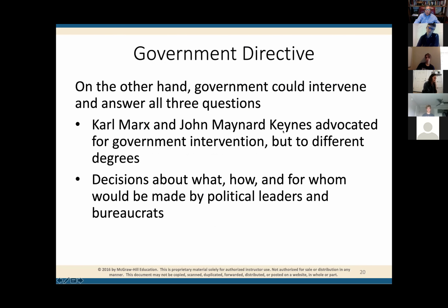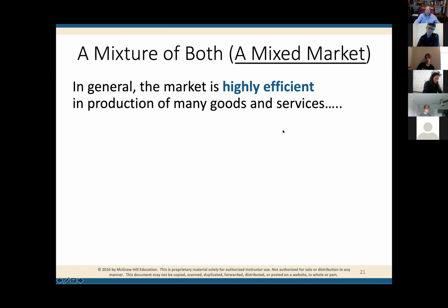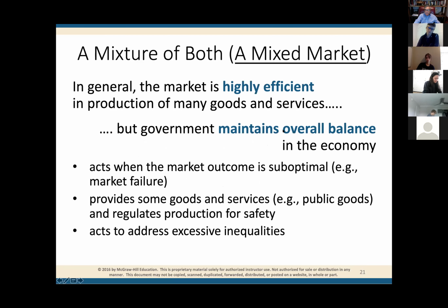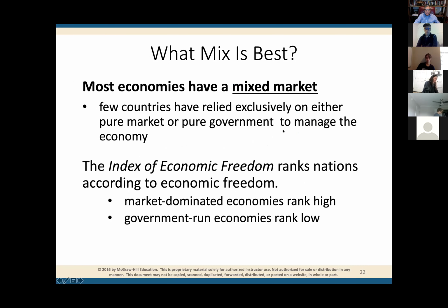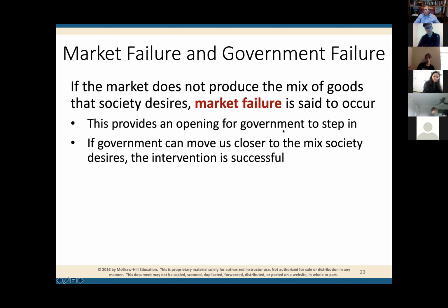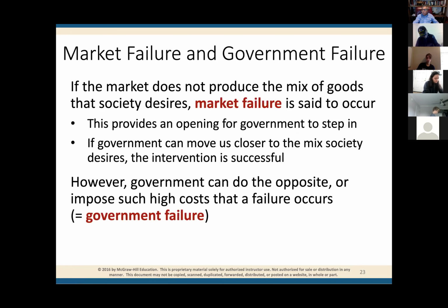We know that the market is highly efficient, but in some cases, the market creates some types of market failures, right? So when we have market failure, then we need government intervention. But in many cases, government intervention itself also creates failures, and that would be government failure.